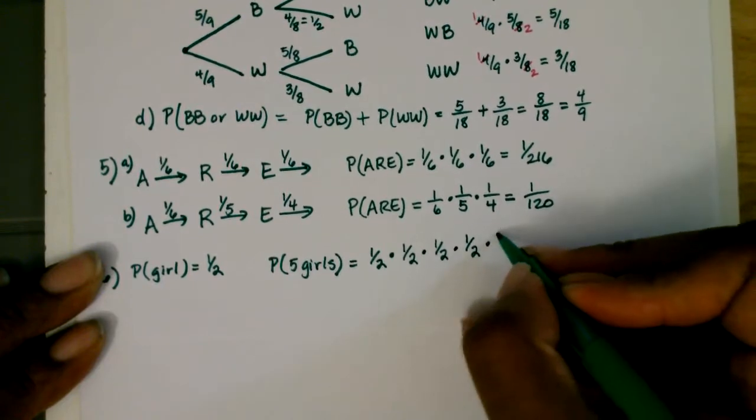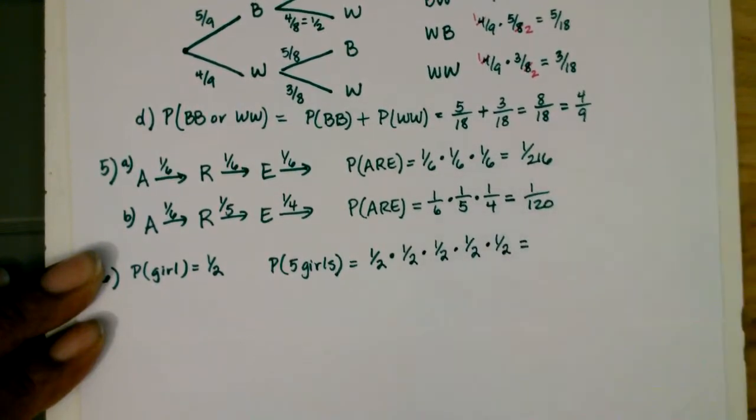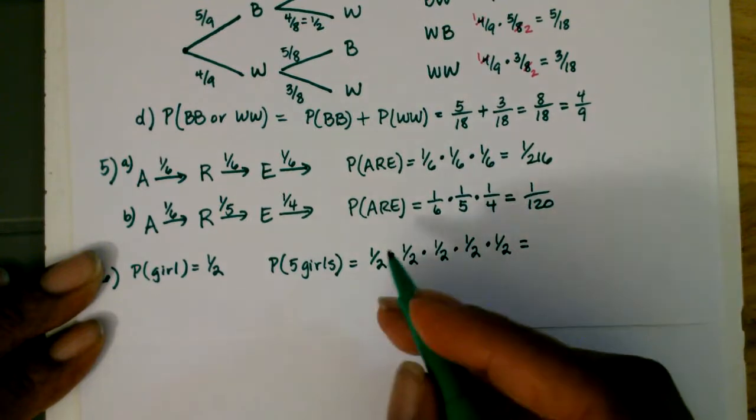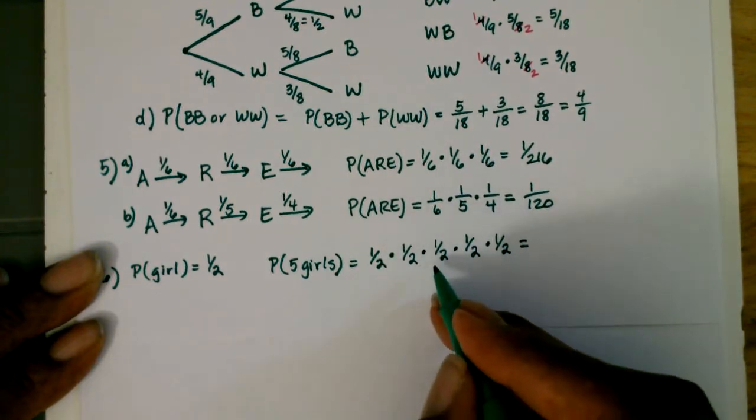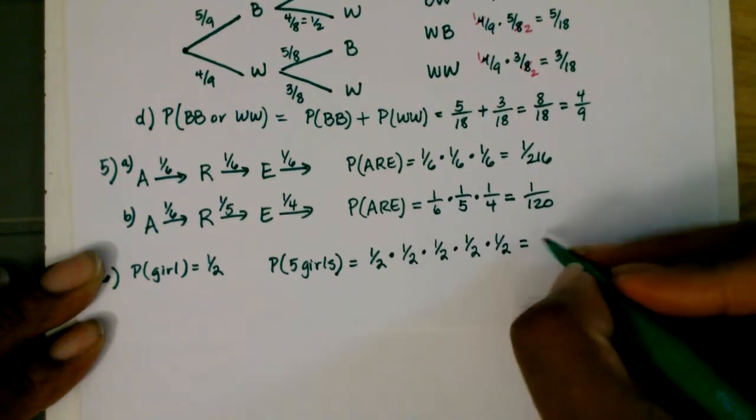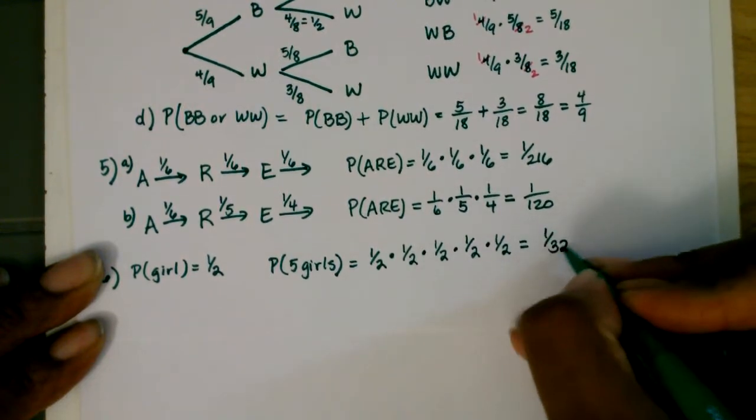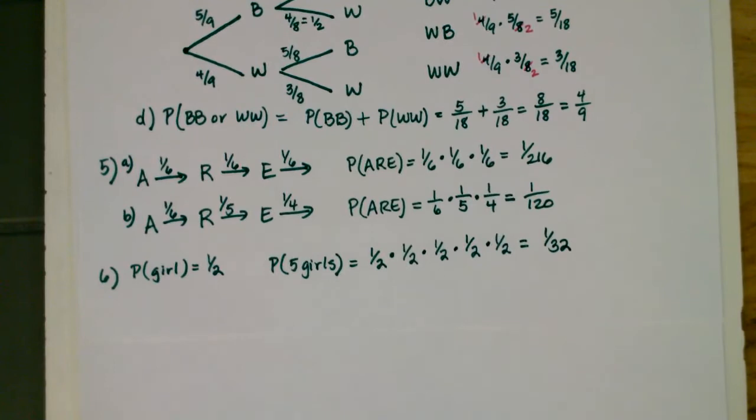And for the fifth, its probability is still 1/2. So that's 1/2 to the fifth, or 1/2 times 1/2 times 1/2 times 1/2 times 1/2, which will be 1/32. So the probability of the event, if a family has 5 children, they are all girls, would be 1/32.